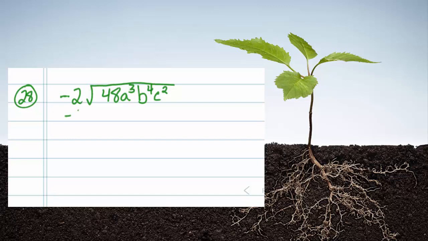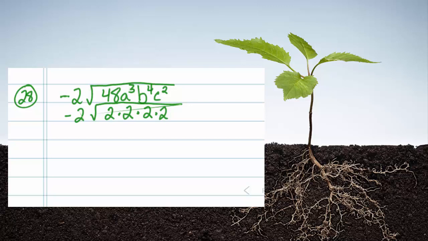Well, I'm going to start with the factorization of my integer. Negative 2 times the root of 48. 48 is divisible by 2. That would be 2 times 24. 24 is also divisible by 2. That would leave me with 12. 12 is also divisible by 2.